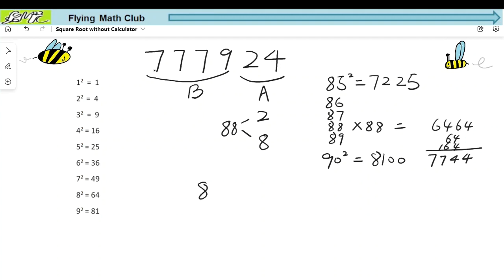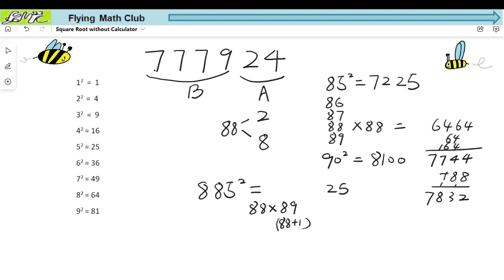We use 885, the middle value, to validate. So 25, this is 88 times 89. We already have the 88 squared value, so we can look at 89 as 88 plus 1. So this product could be 88 squared plus 88, which is 7832.